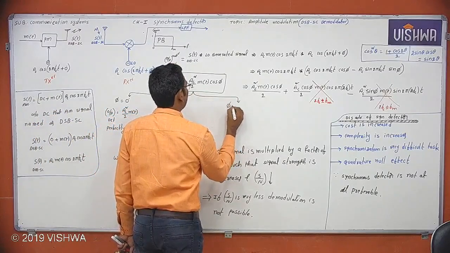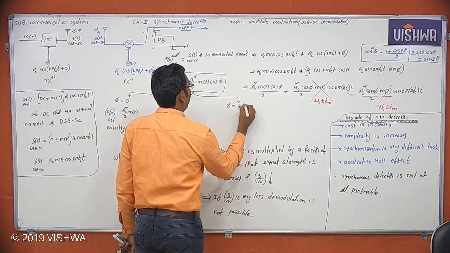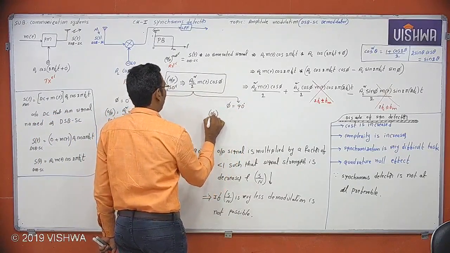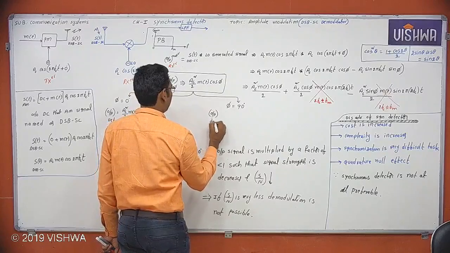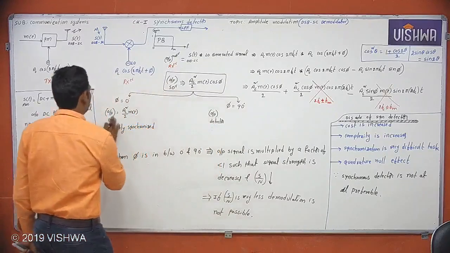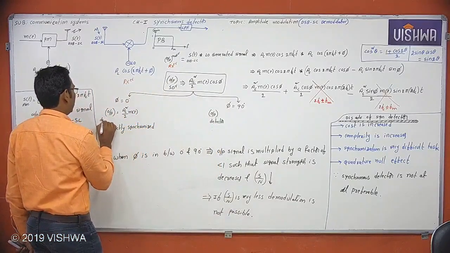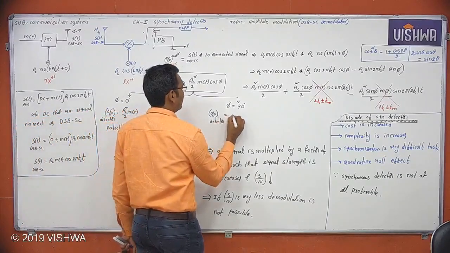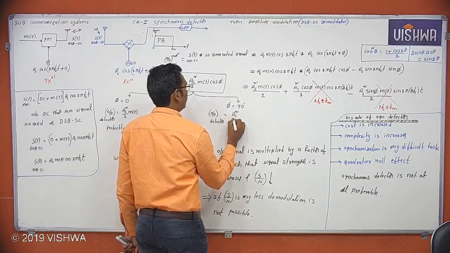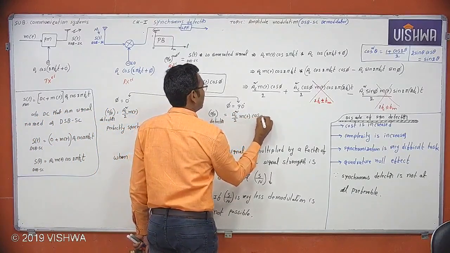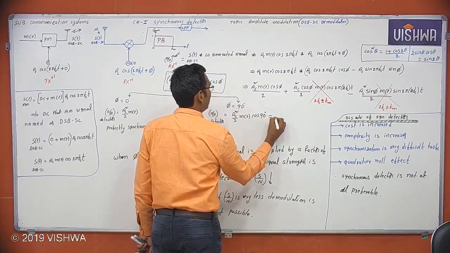When the phase is 90 degrees, the output of the detector is A_c squared by 2 m(t) cos 90 degrees, which is nothing but 0.